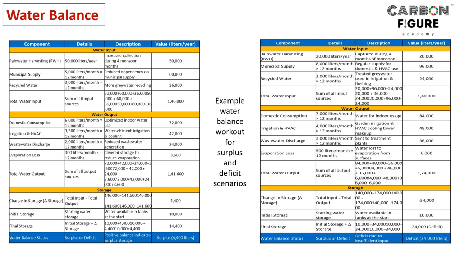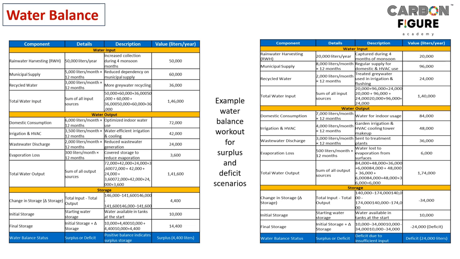Irrigation and HVAC, a larger amount of consumption. Then wastewater discharge, more wastewater is being discharged than recycled. Recycled water is drastically reduced. Then municipal supply is depended on more, and rainwater harvesting again is very, very less.